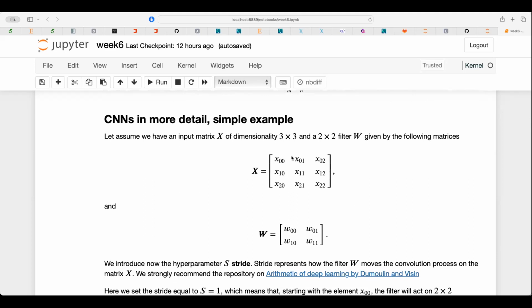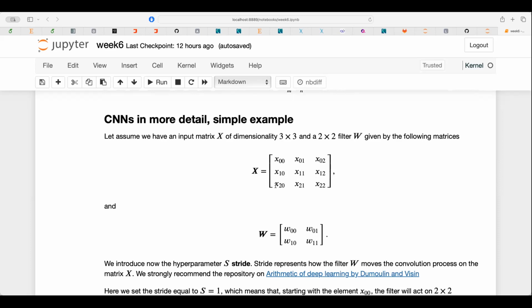So you move one column here, and then you act with a filter on this subblock. Then you move down one step, one row down, and then you perform the filtering on this piece here. Still stride 1. You slide one column at a time, and you slide one row at a time.